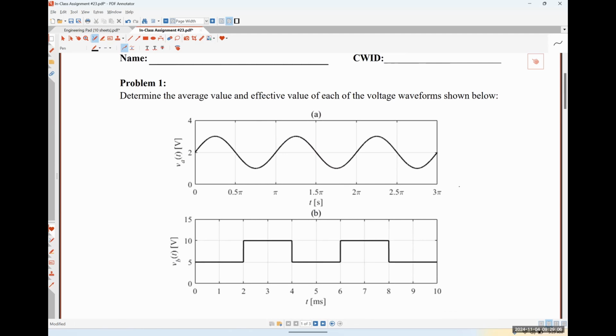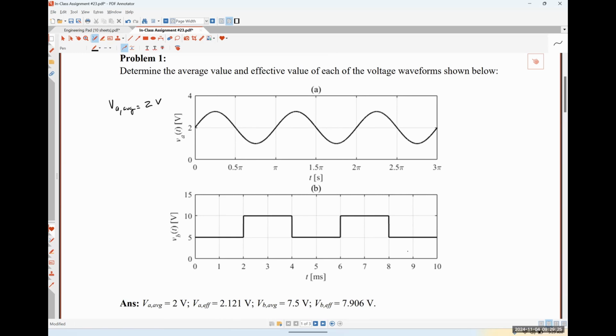So for the average value here, I feel like we can literally just look at the graph and figure it out. Half the time it's above 2, half the time it's below 2. So VA average is 2. And for part B, just by inspection here, it looks like half the time it's above 7.5 and half of the time it's below 7.5.